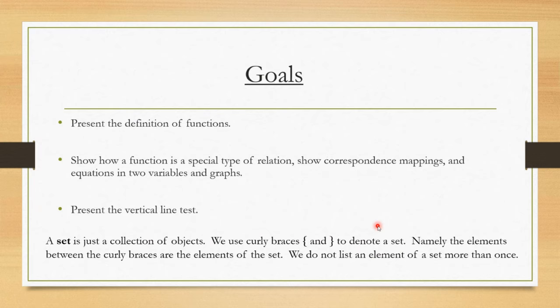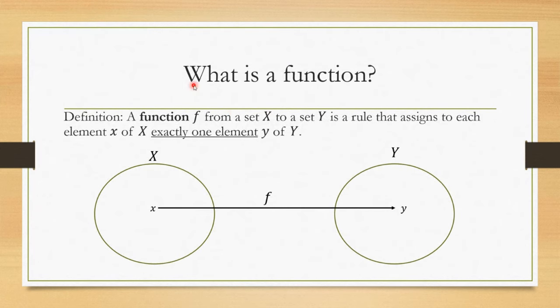All right, let me give you the definition of a function. So what is a function? Well, suppose you have these two sets here, capital X and capital Y. Usually people denote sets by capital letters. This circle here is denoting the first set, capital X. This is denoting the second set, capital Y. A function, little f here, is a function from a set, capital X, to a set, capital Y. It's a rule that assigns to each element x from the first set, capital X, exactly one element from the second set.